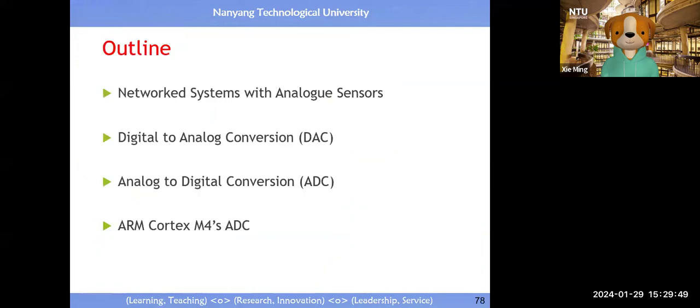For the second lecture, we will study the working principle behind the interface to an analog sensor, right? I will go through the working principle. This is quite straightforward to understand.